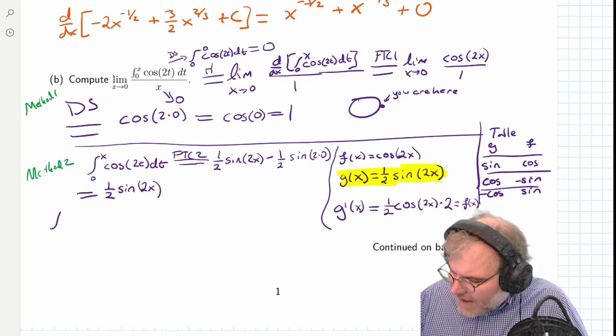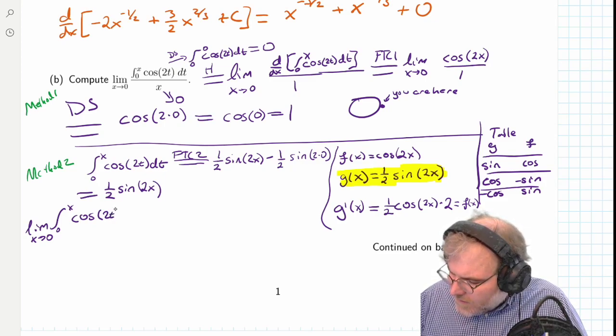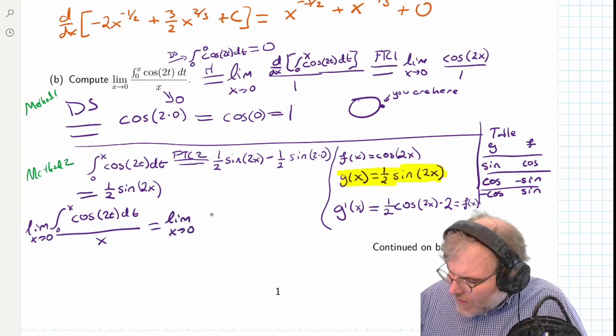So now what I have is that the limit as x goes to 0 of the integral from 0 to x of cosine of 2t dt over x equals the limit as x goes to 0 of sine of 2x over 2x.